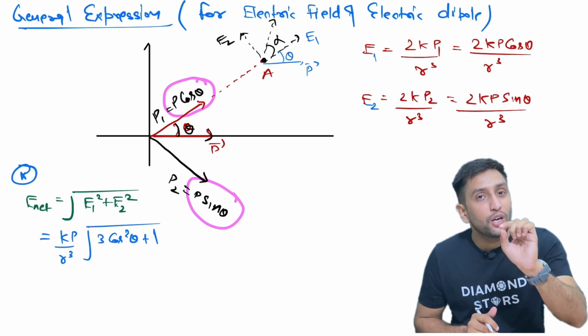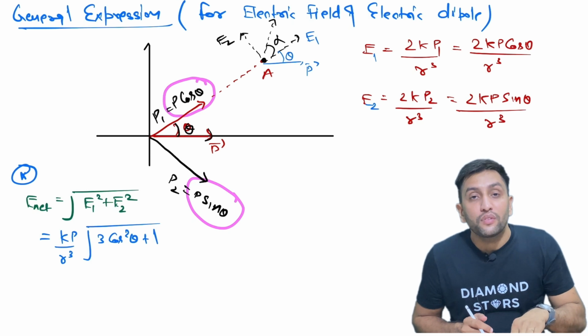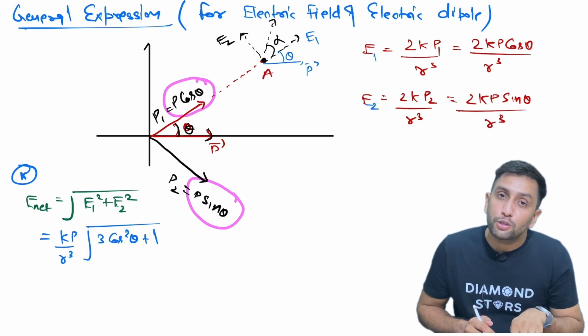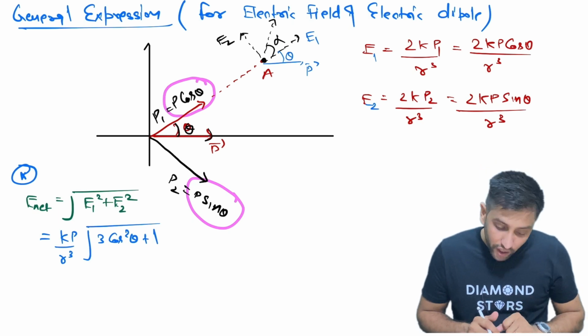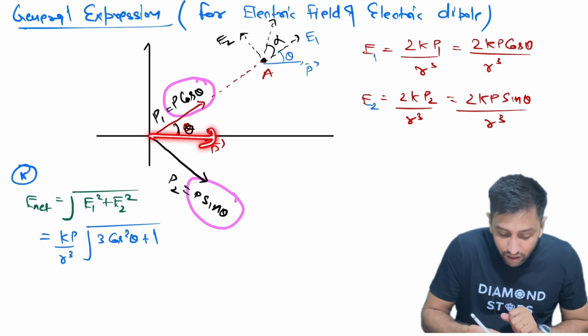Okay, we will be calculating it in terms of tangent. So what is the significance of this alpha? This alpha gives you the direction of the net resultant electric field with respect to E1. Okay, but can you please shift this p vector here?